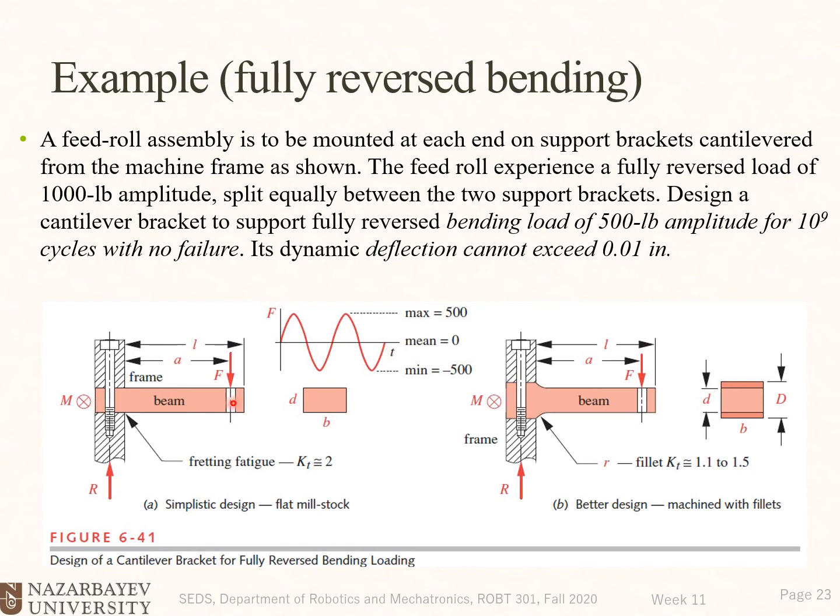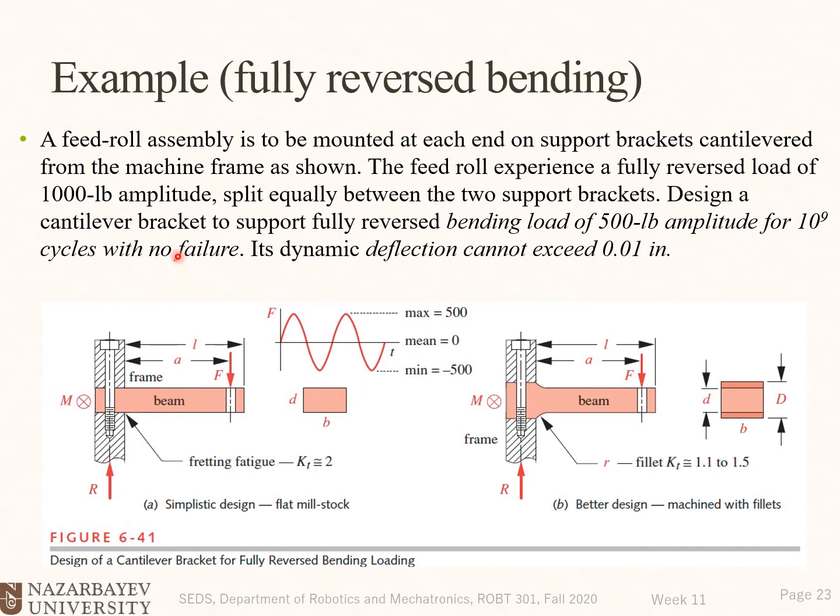The feed roll, okay, so we have a roll of, let's say, paper going inside this. The feed roll experiences a fully reversed load of 1,000 pound amplitude split equally between the 2 support brackets. Okay, so let's say we have 2 support brackets that hold that roll of paper from left and right, and we only show one of those support brackets here, the left one, for example.